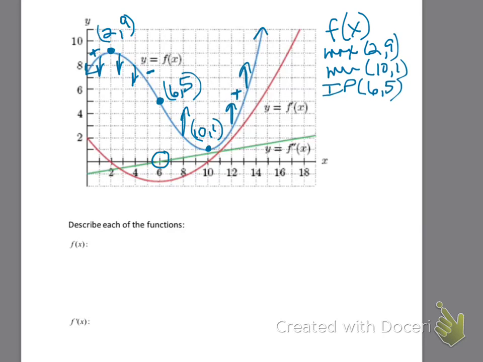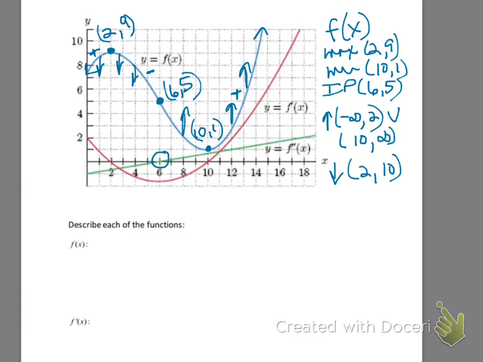So my function is increasing from negative infinity all the way to 2, not inclusive. It increases again from 10 to infinity, and my function is decreasing from 2 to 10.